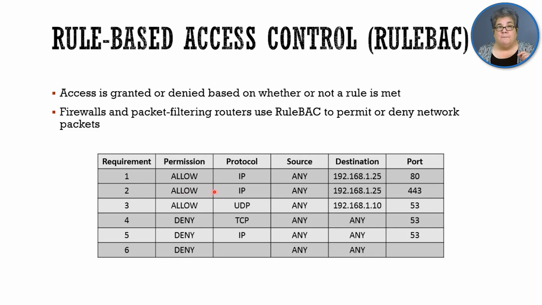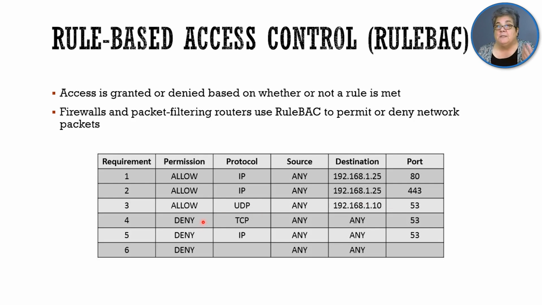Okay, you can go if you're using IP coming from anywhere, going to a specific server using port 443. You meet it? Go ahead. If you don't, let's try the next rule. All right, you can go through if you're using UDP coming from anywhere, going to this particular different server using this particular UDP port. Yes? No? Yes? Go ahead. No? Go to the next rule.